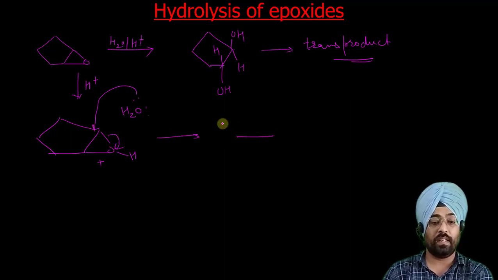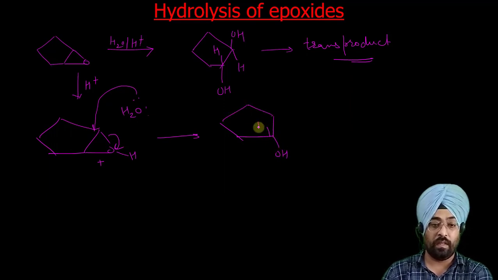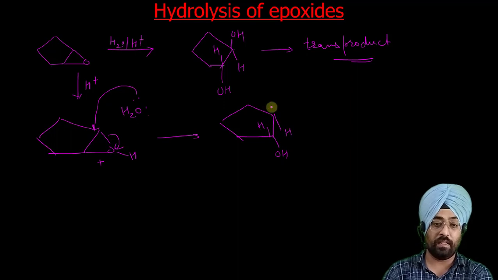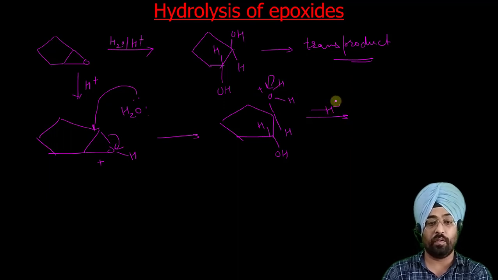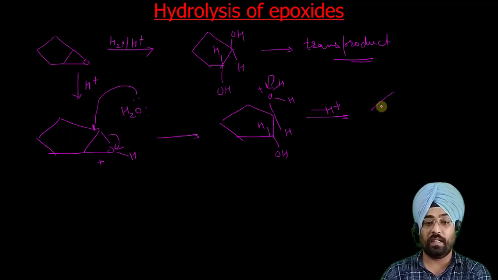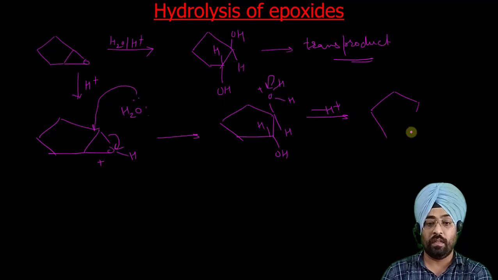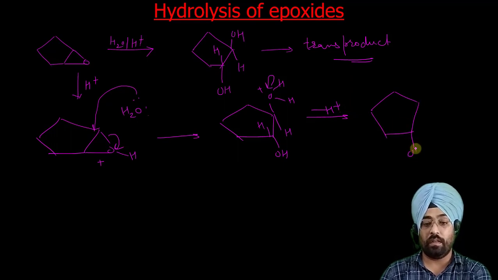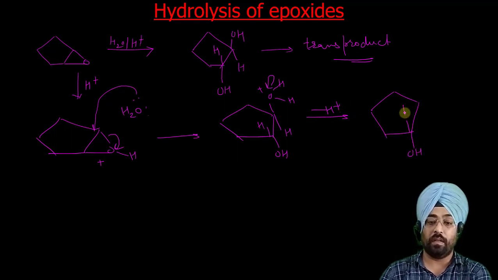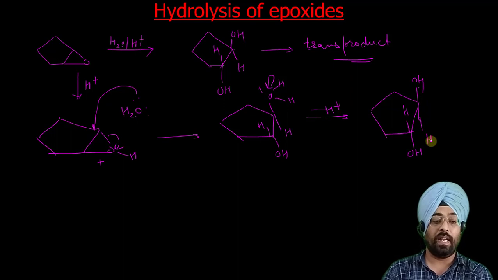So we get this OH, H, OH2 positive. Next is loss of proton, minus proton, and we get this trans product, H and this OH H. So overall this is anti addition.